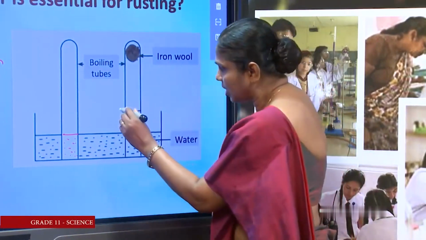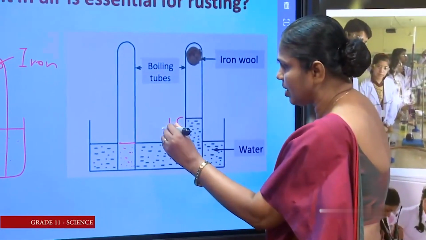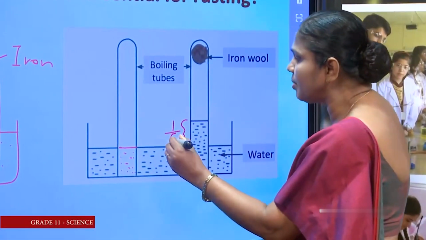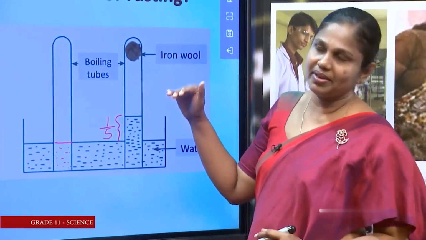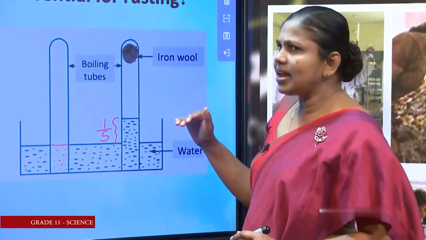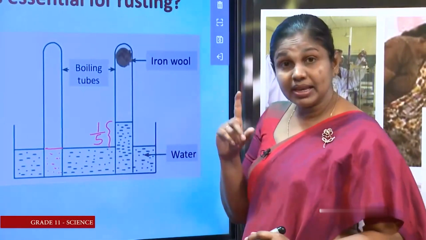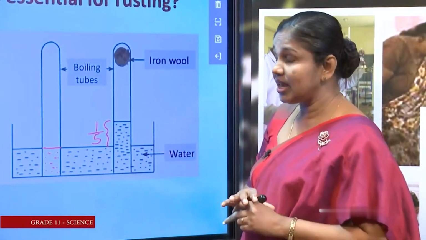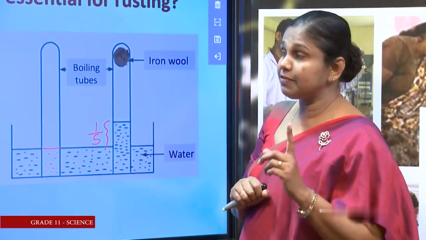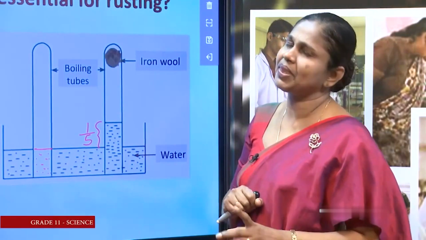Normally, only 1/5 of the total volume of air in this test tube has been used up, children. Then we can have an idea that the gas used for rusting of iron wool is the component having 1/5 of the volume of total air.